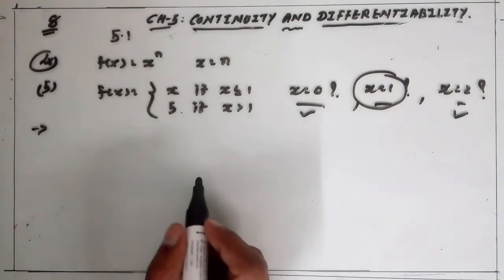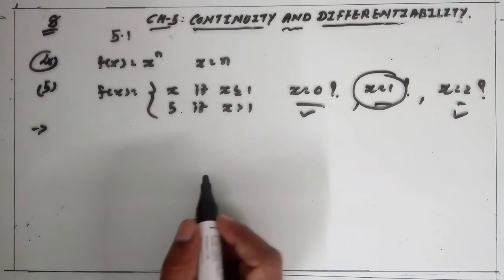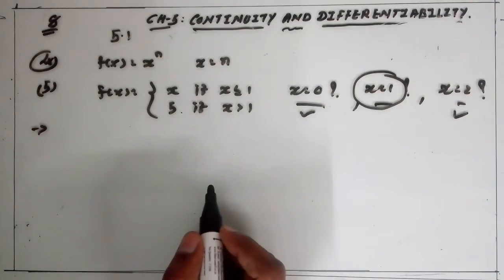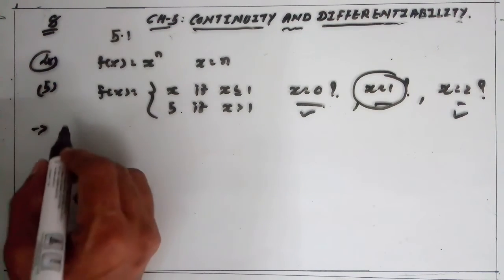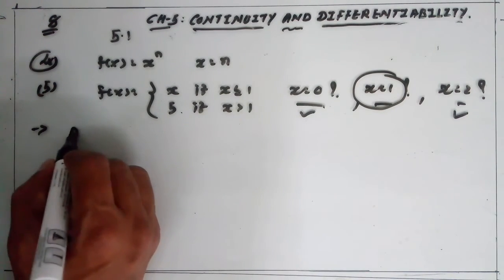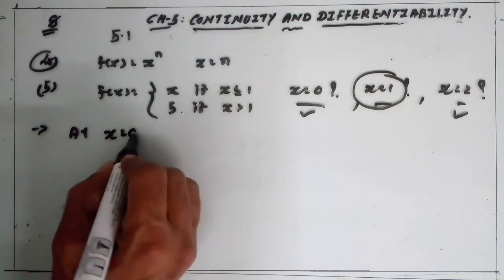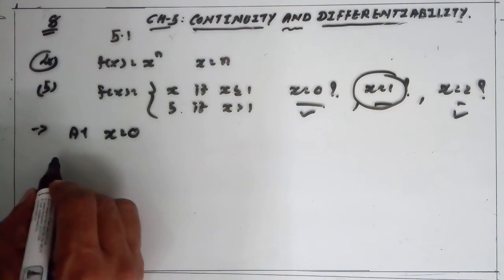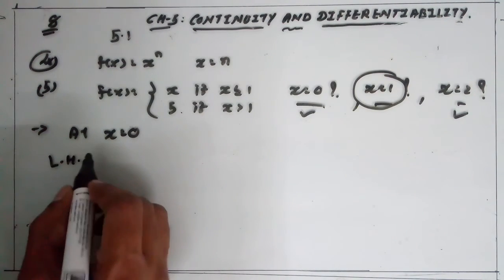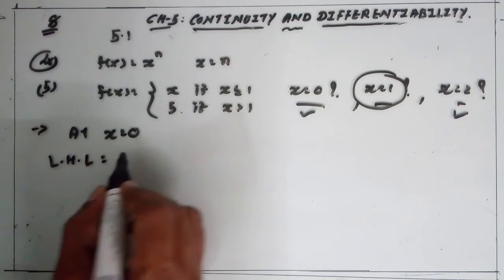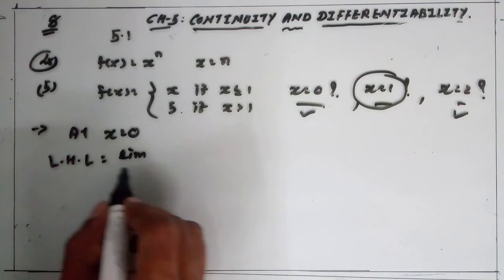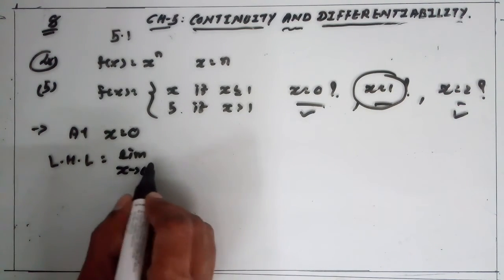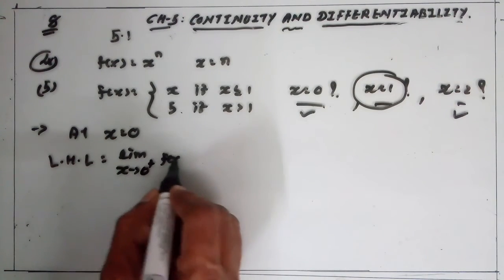Remember this here. First we discuss continuity at x is equal to 0. At x is equal to 0, the left hand limit is equal to limit x tends to 0 positive f(x).